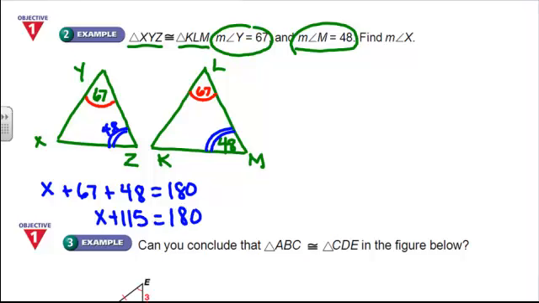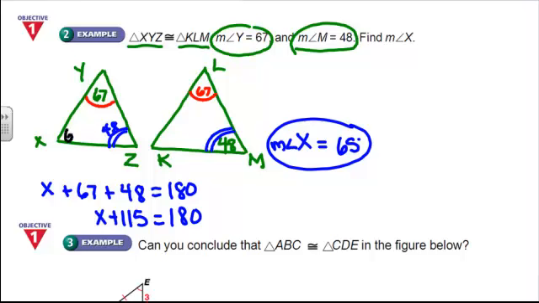And subtract that from 180, the measure of angle x has to equal 180 take away 115, which is 65 degrees. So this angle for sure is 65 degrees. And that means this angle by default has to be 65 degrees as well. Okay, next problem.